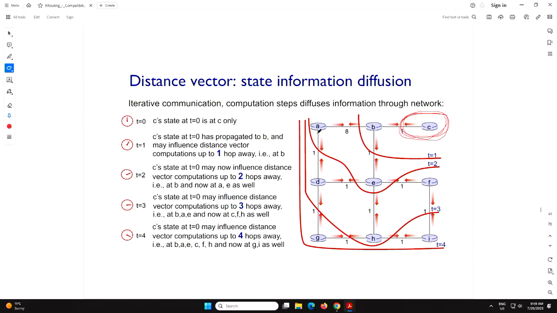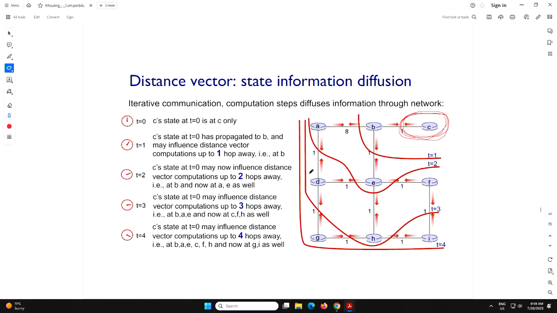But for A and E, you need another iteration when B will transmit its routing table. A and E are the neighbors of B, so in the next iteration they will be influenced by C's information. So for C's information to propagate to A and E, which is 2 hops away, will take 2 iterations. Similarly, when they update at T3, H and D will be affected.